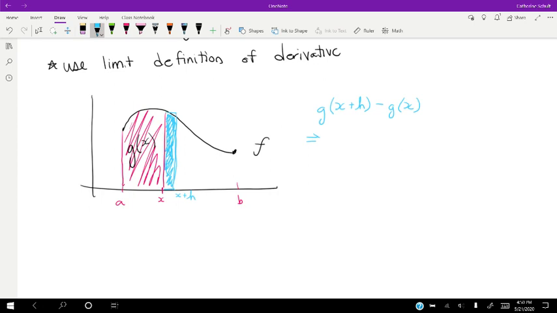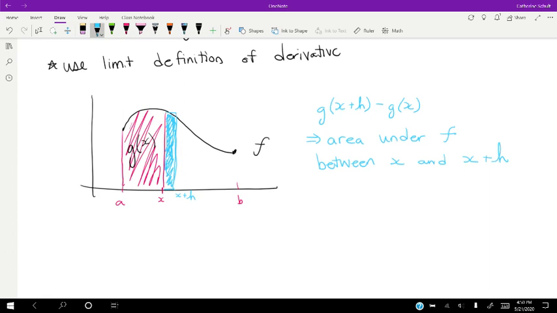And this is the area under f between x and x plus h. Okay. So there you go.